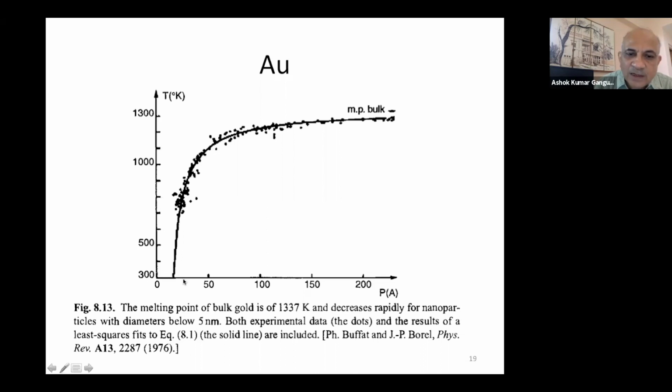I make it smaller, say 25 angstrom, that means 2.5 nanometers. Melting point will be around 500 Kelvin, that means 275 degrees centigrade. That means from 980 centigrade, I can bring down the melting point of gold to about 250 centigrade by just changing the particle size.